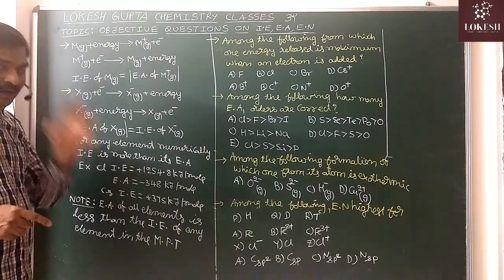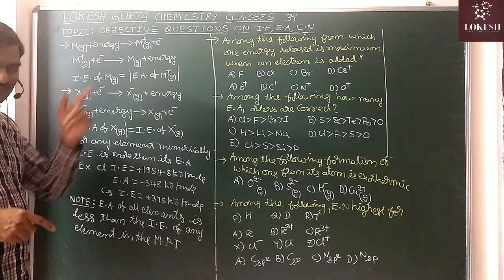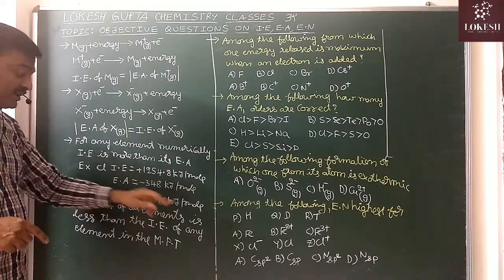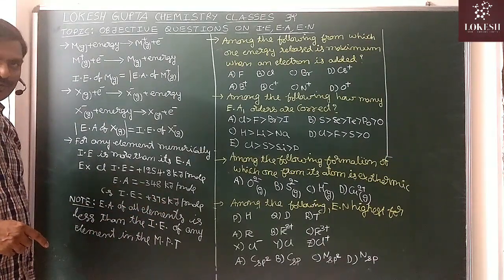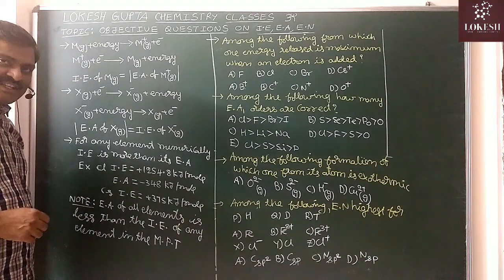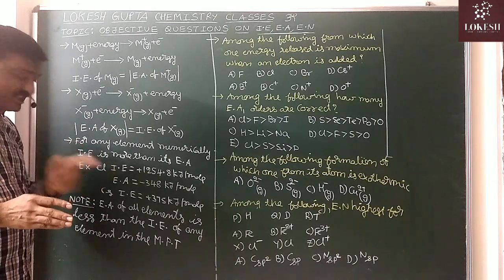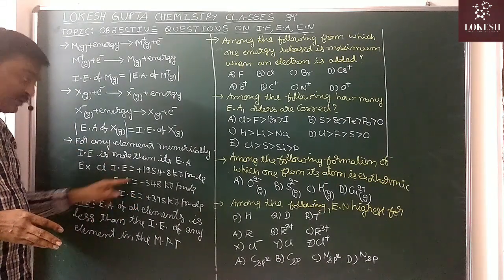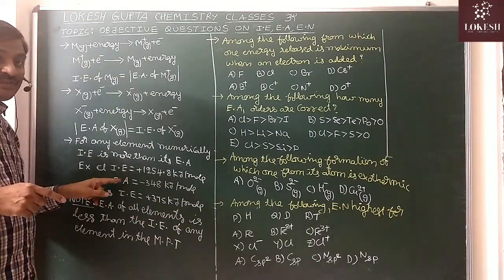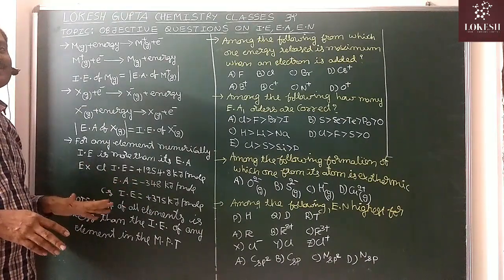Next, among all the elements in the modern periodic table, ionization energy is least for the last element of group 1A, cesium. How much? 375 kilojoules per mole. Now by comparing these two values, what can we say? Among all the elements, ionization energy is least for cesium, and when compared with this value, even the highest electron affinity, that of chlorine, is less.